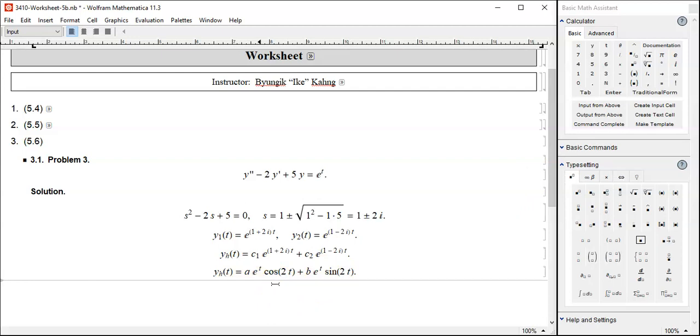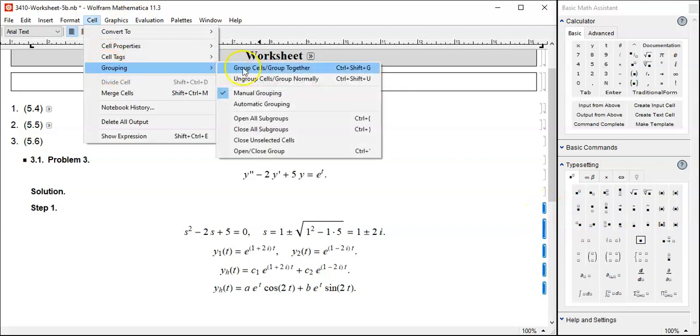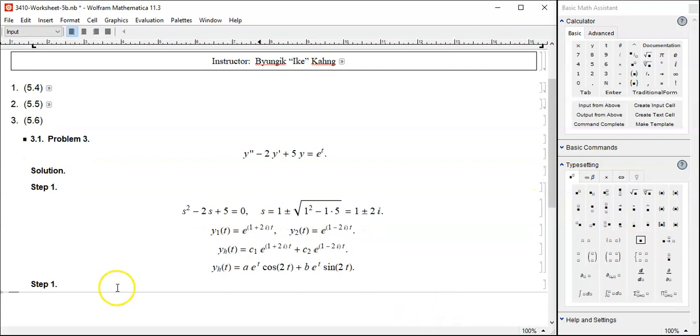Okay, we got those, and now the next step is to find a particular solution. Let's apply variation of parameters. Step 2.